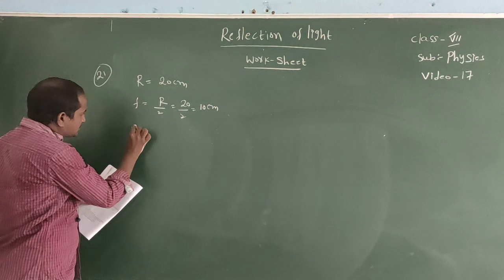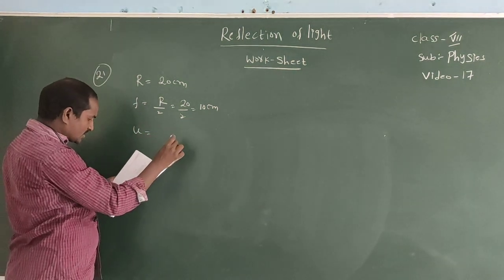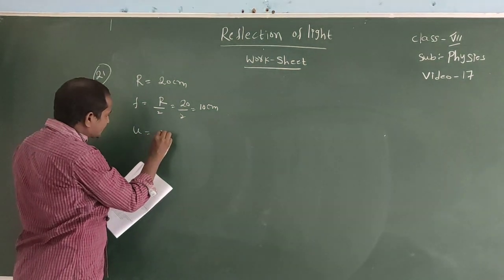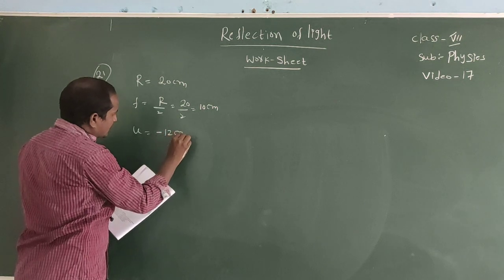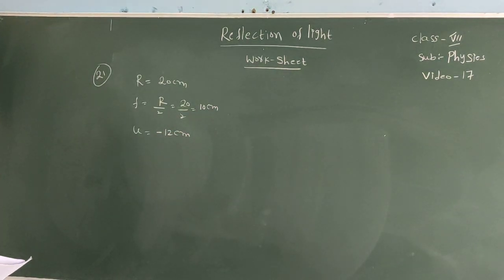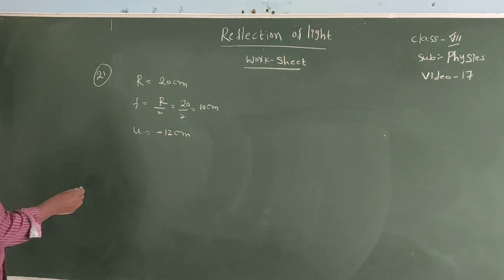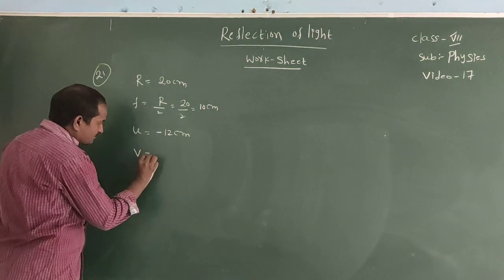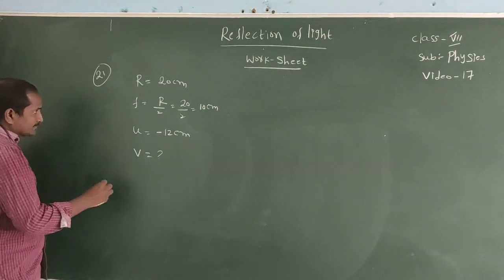Here the object distance is given, 12 centimeters. We can write minus 12 centimeters, because the object distance for both convex and concave mirrors is negative. So here u equal to minus 12. But the focal length of the convex mirror is positive. Our aim is to find v.